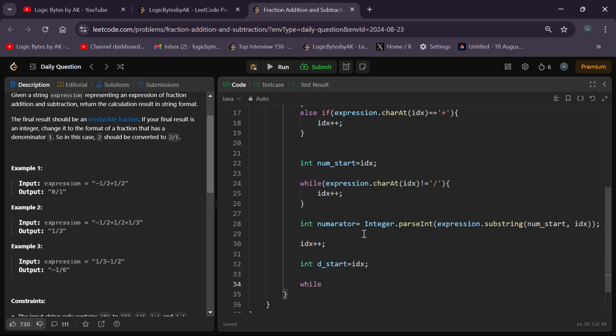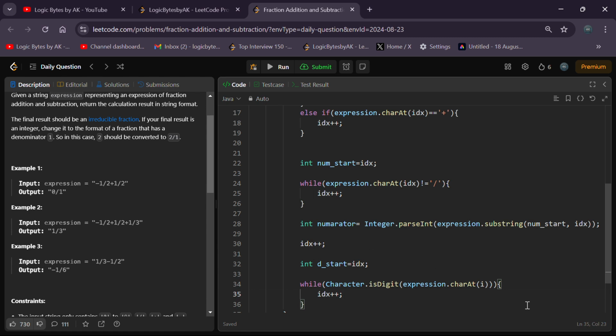And what we have to do, while expression dot character idx is a digit. We have a built-in function to check is digit. And if it is a digit, we do idx plus plus.